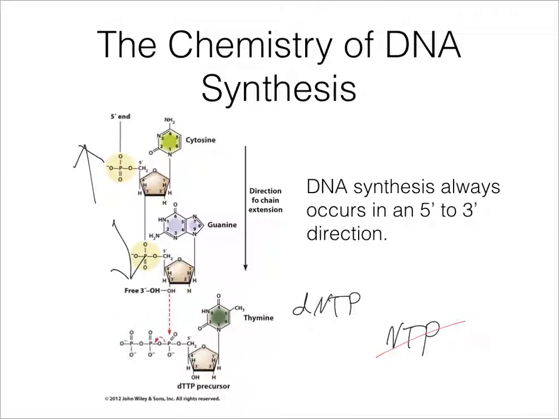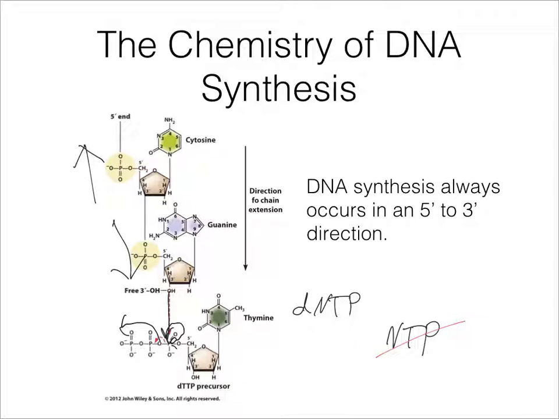What happens is that, for those of you who've had organic chemistry, you have a nucleophilic attack from here onto that phosphate. The electrons get kicked up and around, and that diphosphate, what's called pyrophosphate, is kicked off in a nucleophilic substitution.